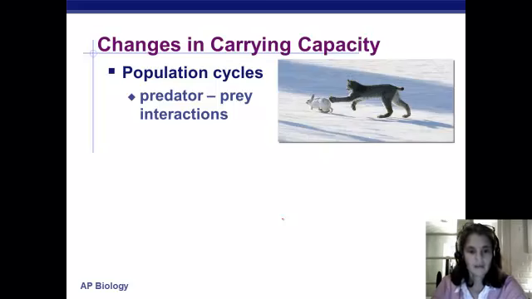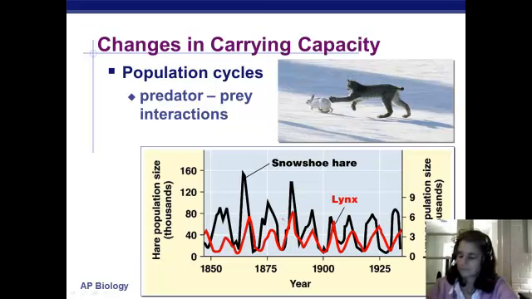Okay, we need to know about population cycles, predator-prey cycles. As the population of snowshoe hares goes up, what we see is the population of their predator, the lynx, in the red, goes up kind of at the same time. So they oscillate together. Well, why does the hare population size go down?